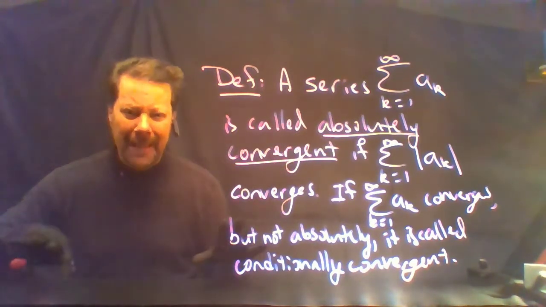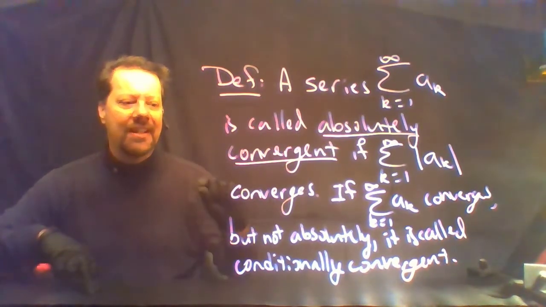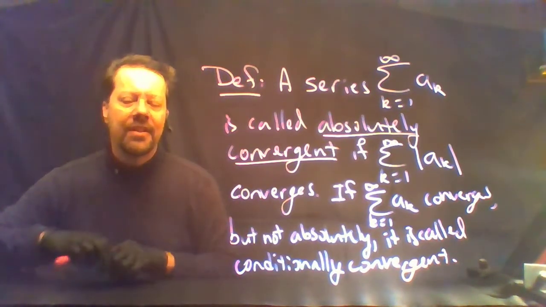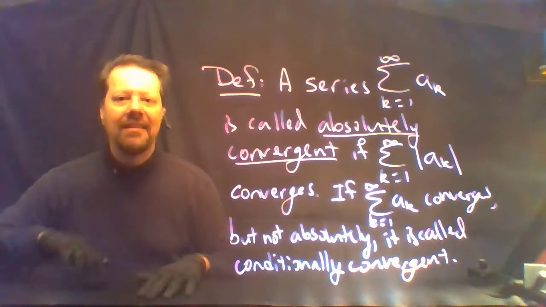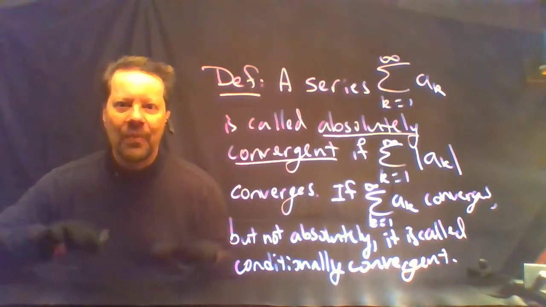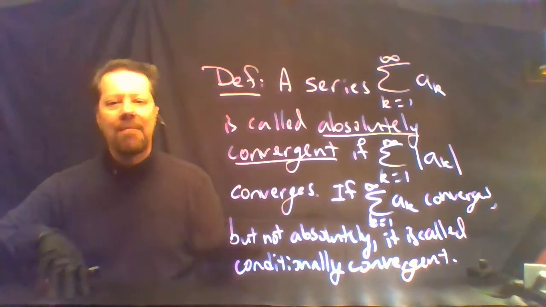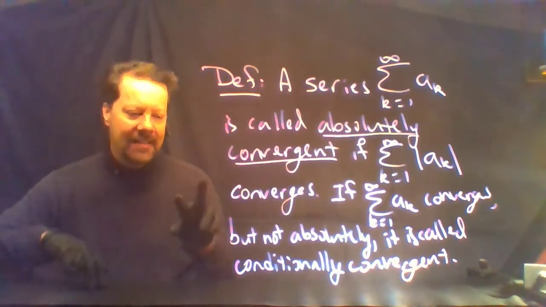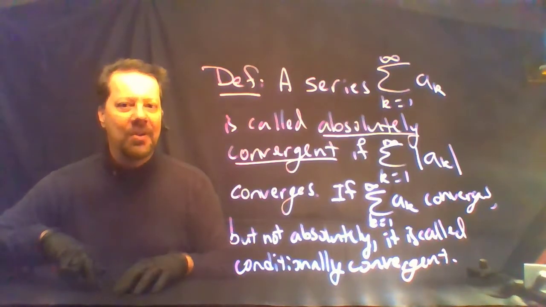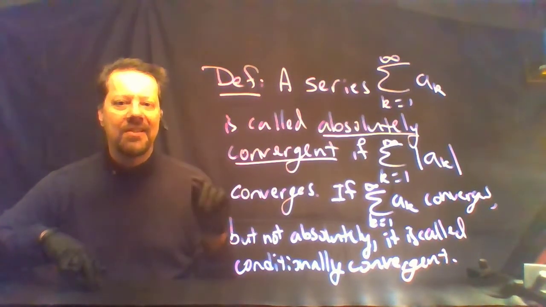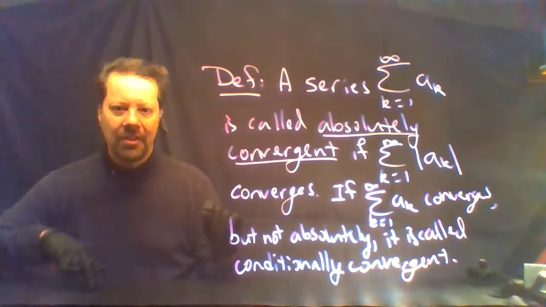What does that even mean? It means that in the context of conditionally convergent series, the commutative law of addition, applied infinitely, is false. One of the classic things that you learned way back in first grade, that it doesn't matter what order you add, you'll get the same sum. That's no longer true if the series is conditionally convergent.